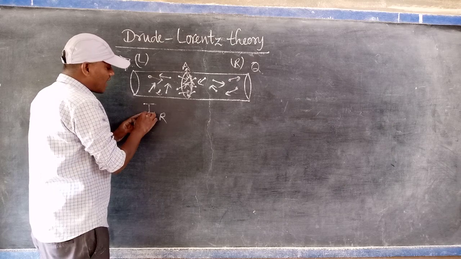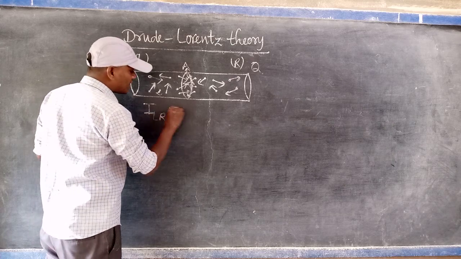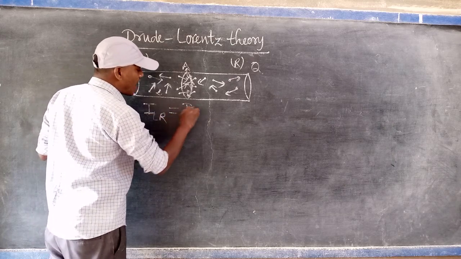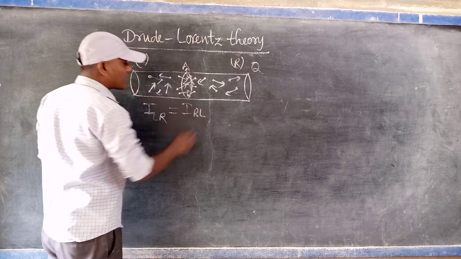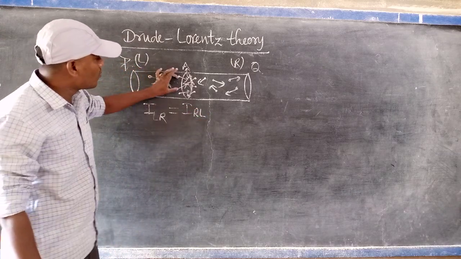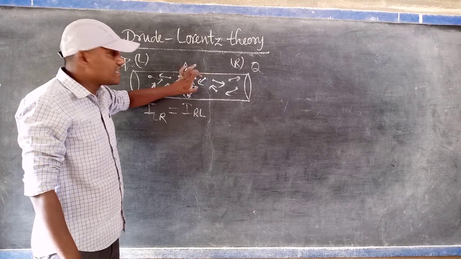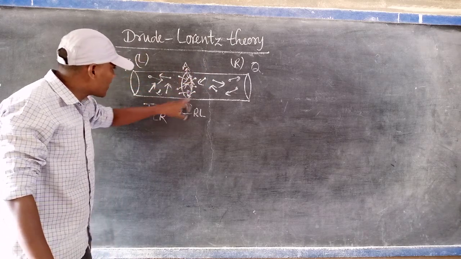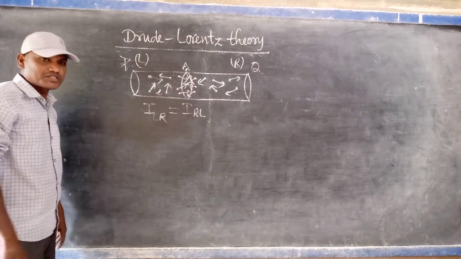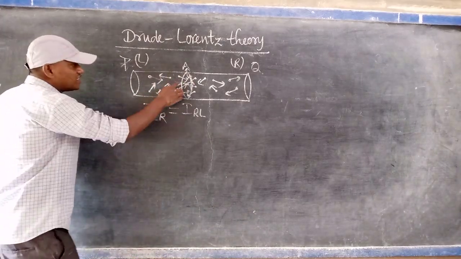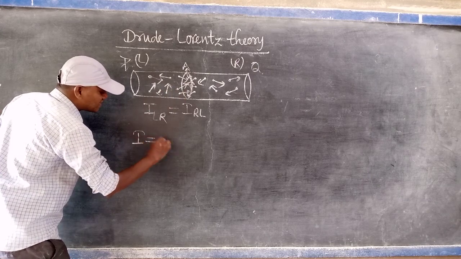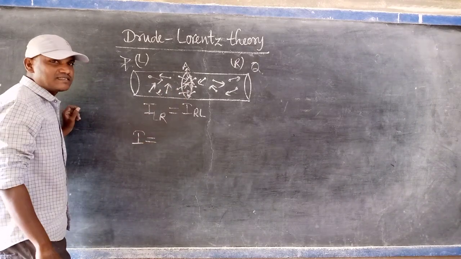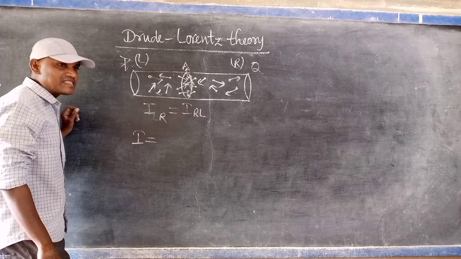I of LR is equal to I of RL, because the number of electrons moving from left to right is nearly equal to the number of electrons moving from right to left for every unit area of the cross section. So now we can find the resultant current passing through the conductor by the electrons.